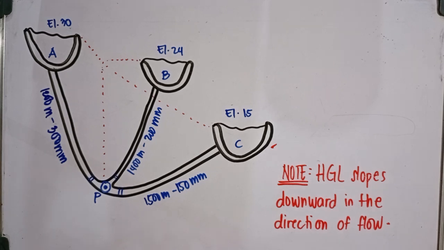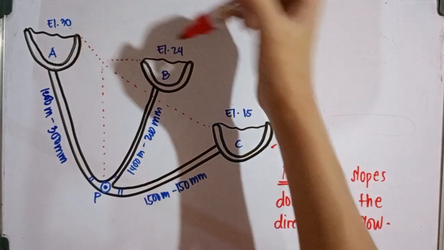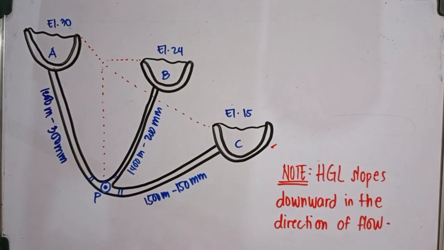And in this case, we are given a datum that is lined here at reservoir B. And we note that the HGL slopes downward in the direction of the flow.